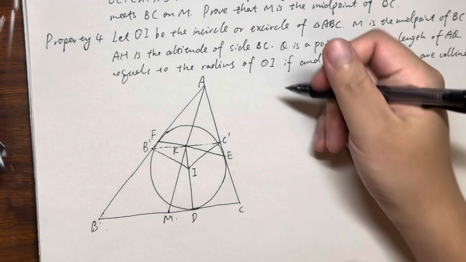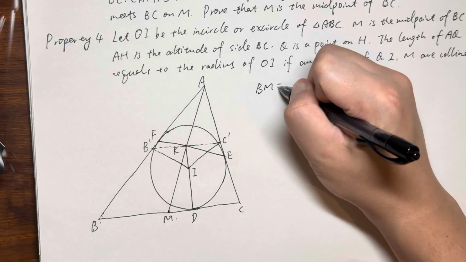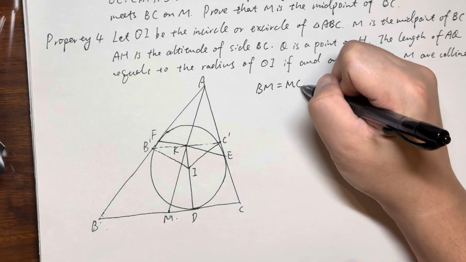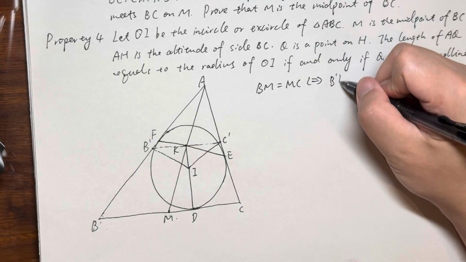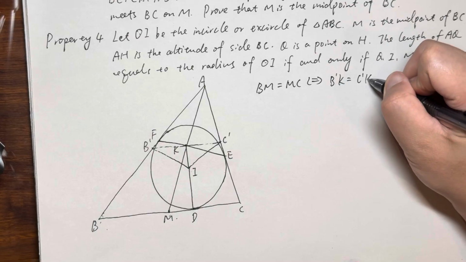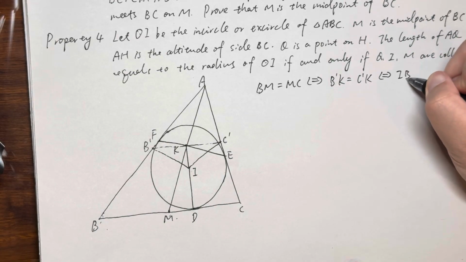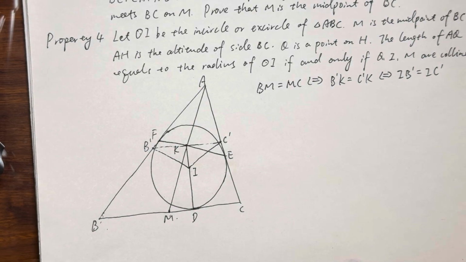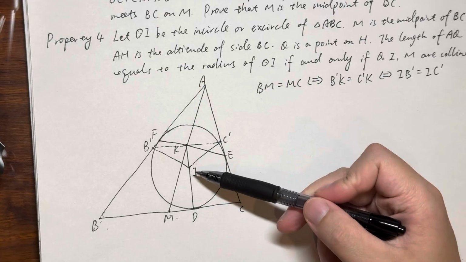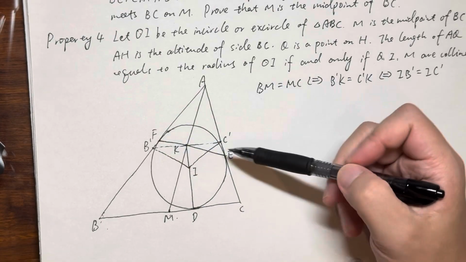Now let me write all of this down. We want to prove that BM equals MC, which is equivalent to proving that B prime K equals C prime K, which is equivalent to proving that IB prime equals IC prime. Related to I, we have ID, and we also have IF and IE.